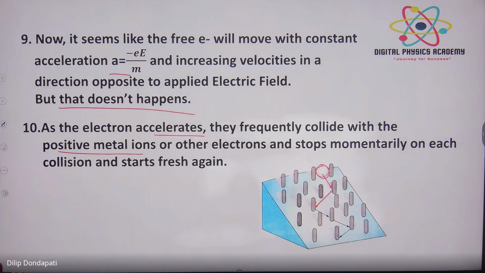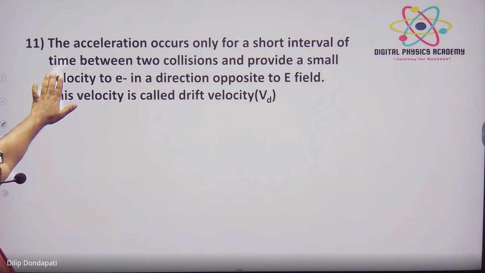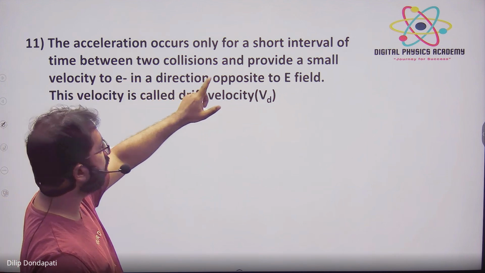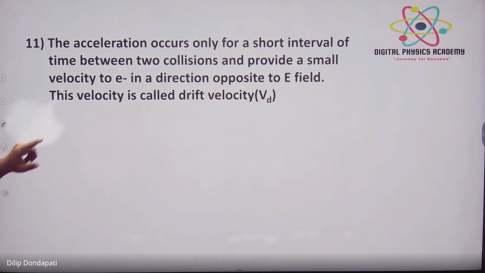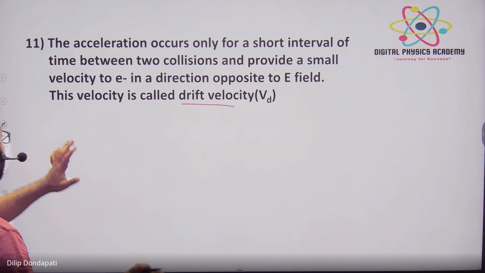Done? Okay. So now, the acceleration occurs only for a short interval of time between two collisions and provides a small velocity to electrons in the direction opposite to the direction of the electric field. This velocity is called drift velocity. So it will move with a constant velocity, which is called drift velocity.